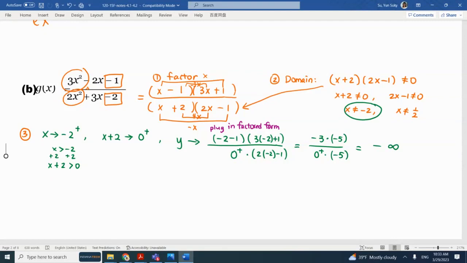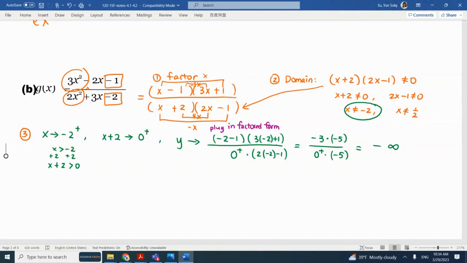So you want to plug in the x that's getting closer, closer, closer to -2. Therefore, you plug in x is -2 for all these factors, but then this is special because this will be 0, right? And you don't want to put 0 because x is not equal to -2. It's approaching -2. So therefore, x plus 2 is approaching 0 from the right. It's not exactly 0.